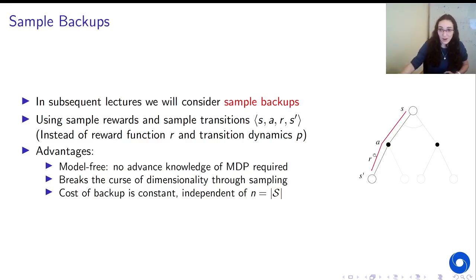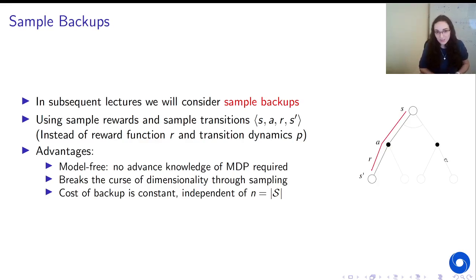So we're going to have only samples of these trajectories, maybe a very small set of the transitions that actually come out of S, but we're going to use those to make our updates. So we would use a sample reward transition of this form, S, A, R, and S prime, just one instantiation of this trajectory, instead of using the full dynamics and the full model to update the whole state.